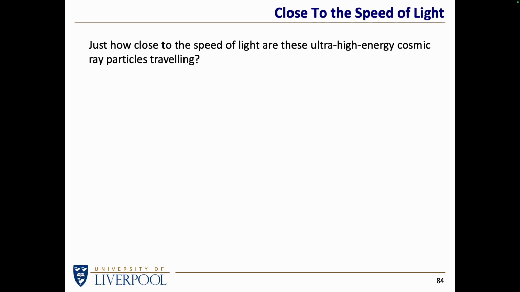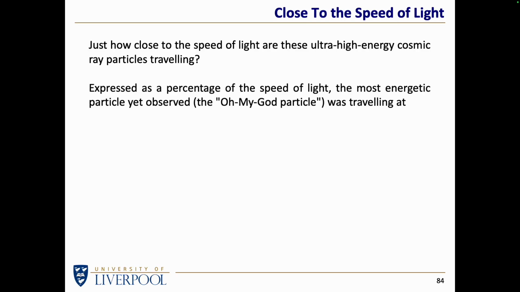So if we take not the Amaterasu event, which was the second most energetic particle, if we take the most energetic thing that's ever been seen hitting the Earth, that one was called the Oh-My-God particle because when it was seen, scientists could not actually believe that any individual particle could possibly have that much energy. But it appears to be a genuine observation.